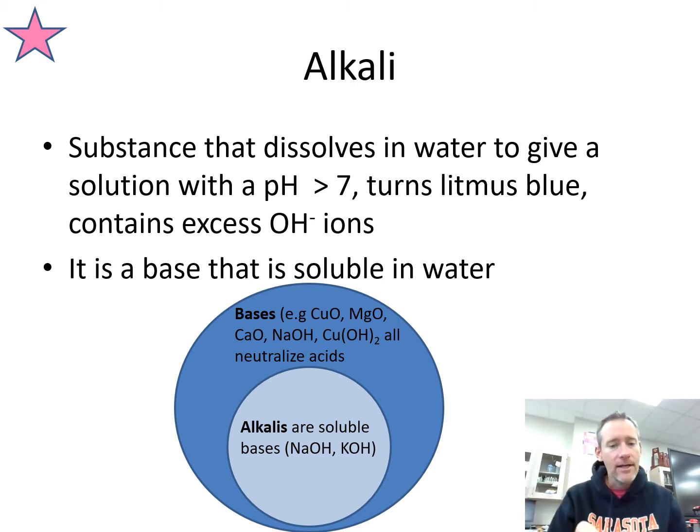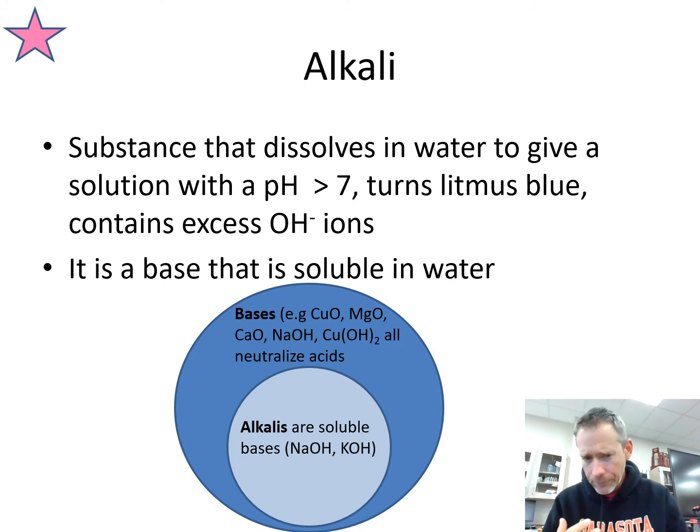We talk about alkalis that are OH, and then everything else, bases are everything that causes it to turn blue. So it can be anything. So anything with a metal oxide or an OH metal is a base, and specifically alkalis are ones that are soluble bases with OH.